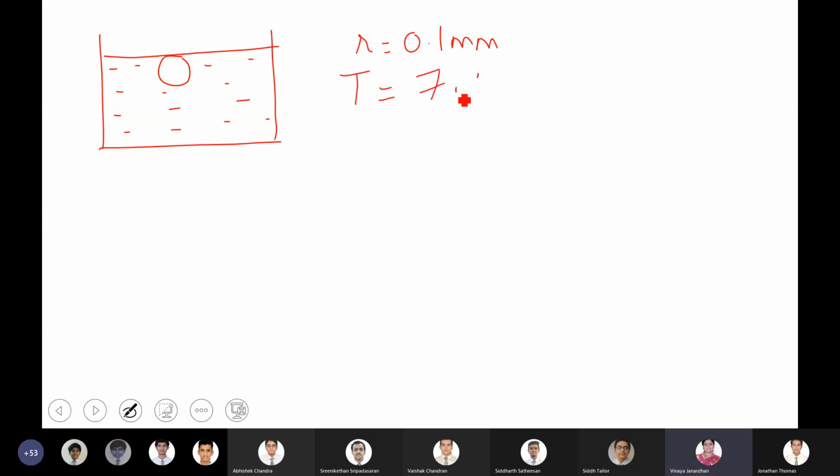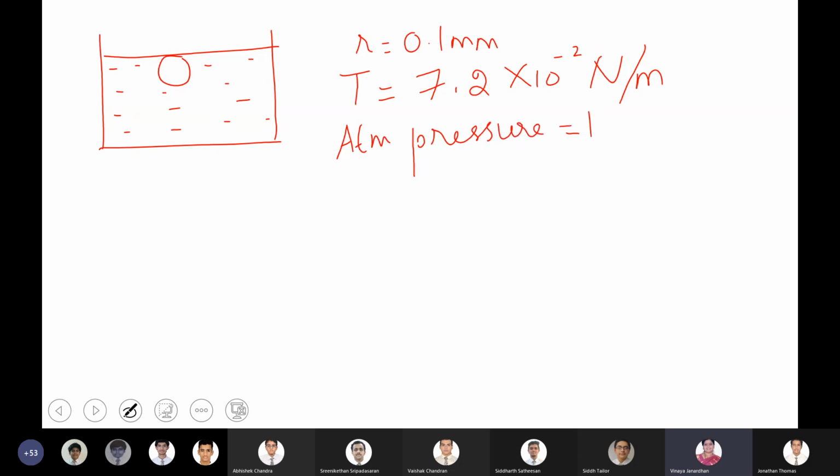Surface tension of the liquid is 7.2 into 10 to the power of minus 2 newtons per meter, and atmospheric pressure will be 1.013 into 10 to the power of 5 pascals. Now, how will you do this?